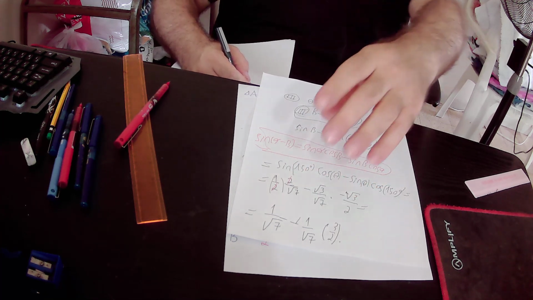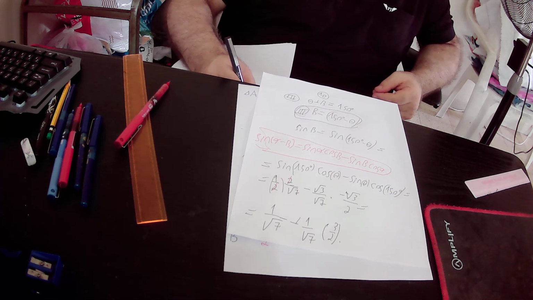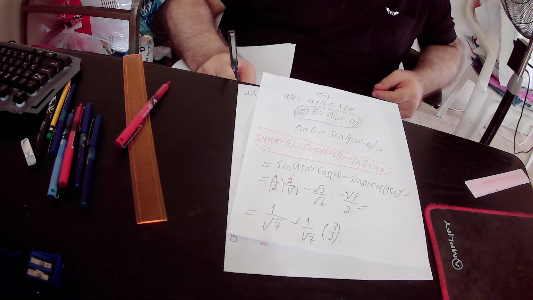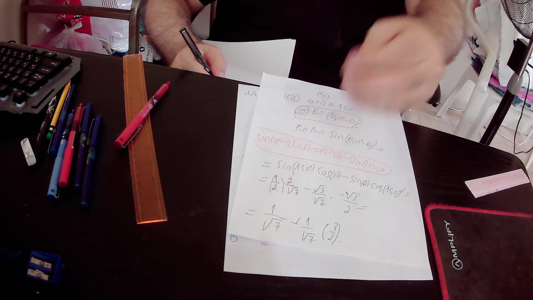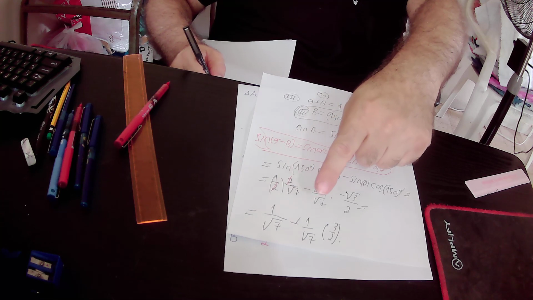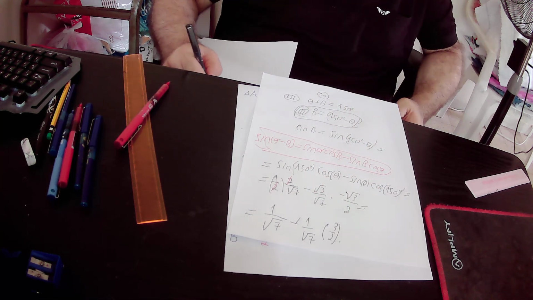So you can write down that sine beta equals 1 over root 7, and we took out 1 over root 7 as a common factor, so in the brackets we will have 1 plus 3 over 2.